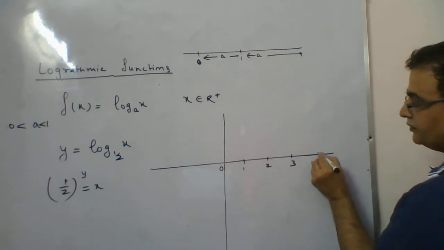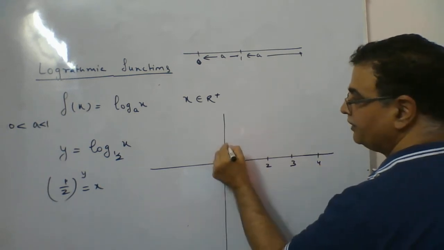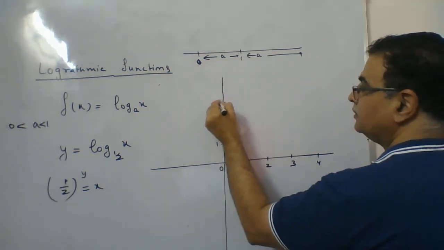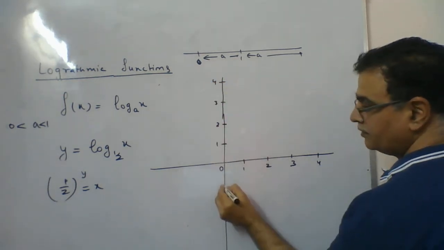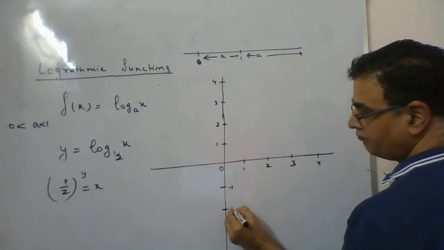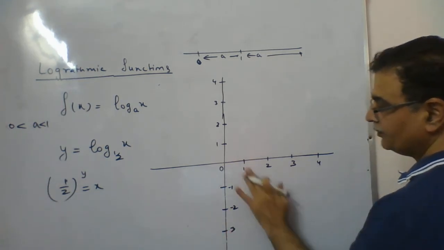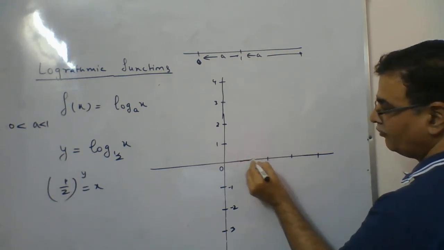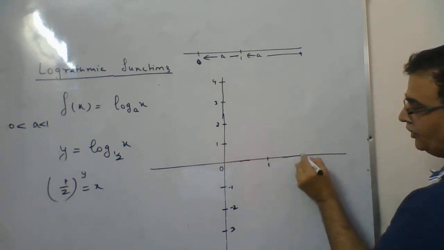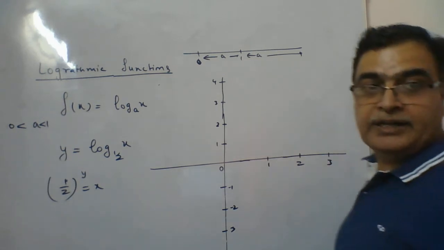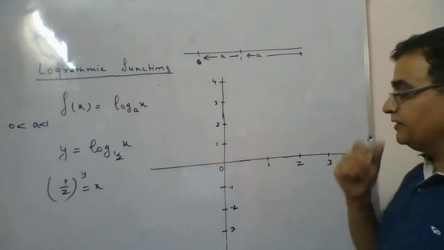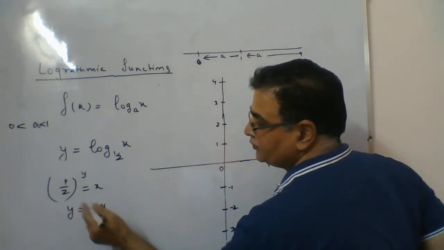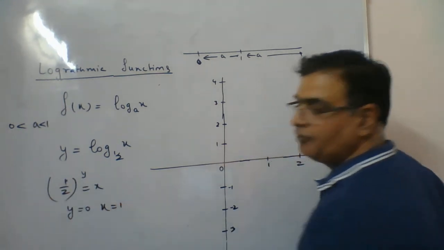On the x axis, 1, 2, 3, 4, and on the y axis, -1, -2, -3. I'll make this question easier, so I'll take 1 as a big number here. Then plotting will be easy. To make the plotting easy, I've taken this difference more. First, when you put y as 0, x will be half power 0, which comes out to be 1.